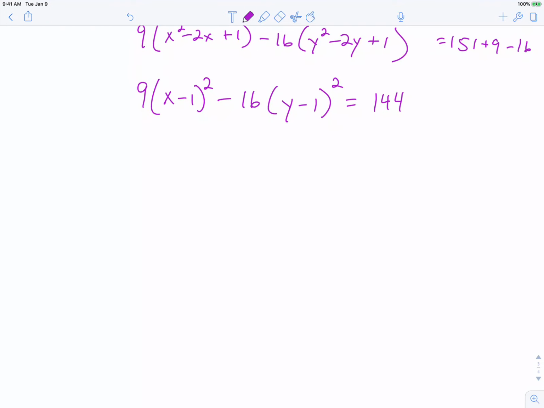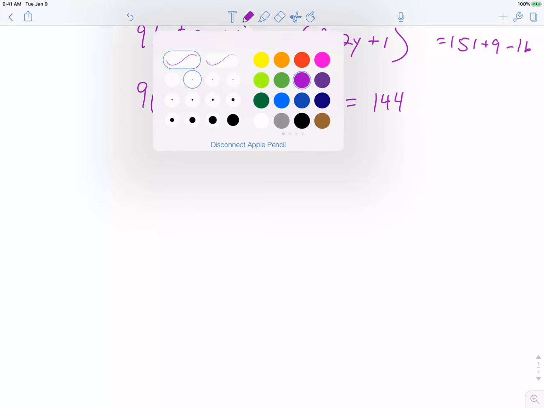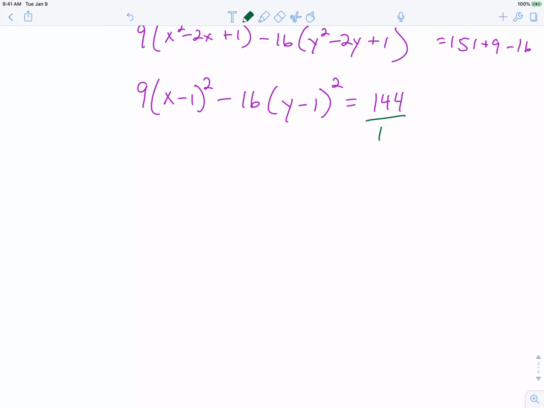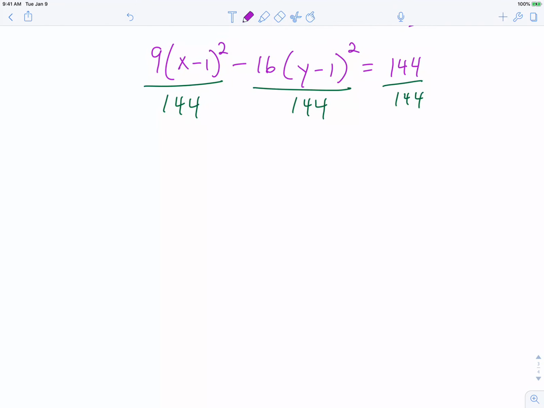So now if I divide everything by 144 so that I have my hyperbola equal to 1, let's see what we get here. So 9 into 144 does not go in evenly, so maybe I can just reduce from here.